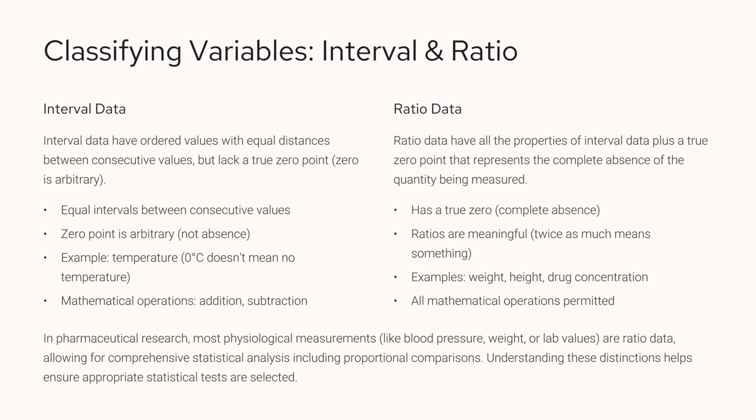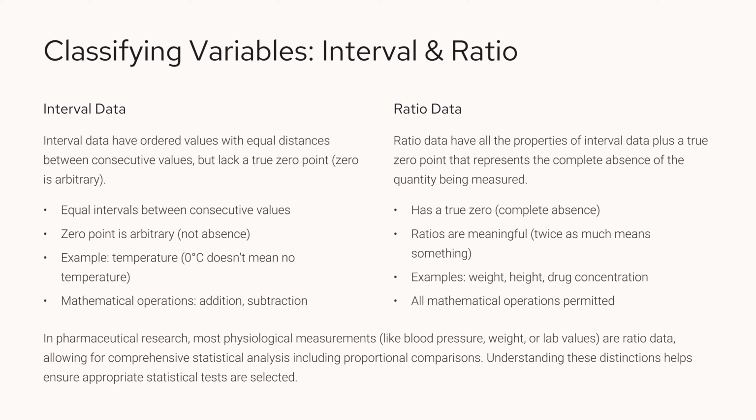You can further classify variables with interval and ratio data, which generally apply to continuous data. Interval data is basically where you have the same distance between each of the points, but there is no true 0 point, meaning the 0 point is arbitrary. So with temperature, 0 degrees Celsius doesn't mean there's no temperature.